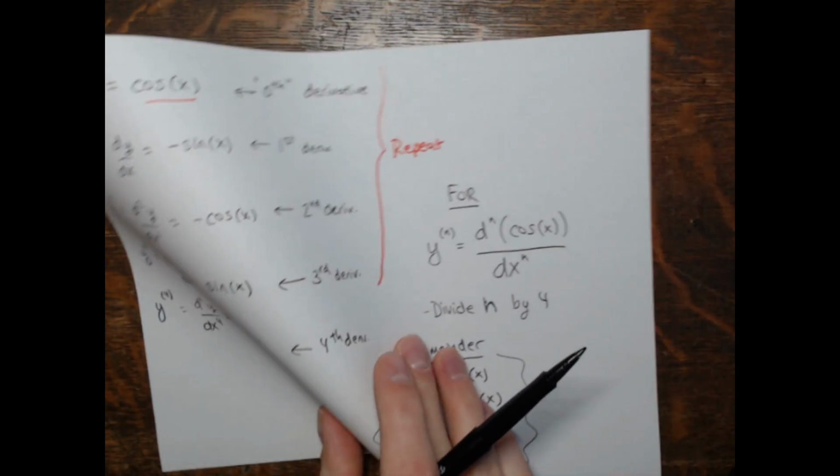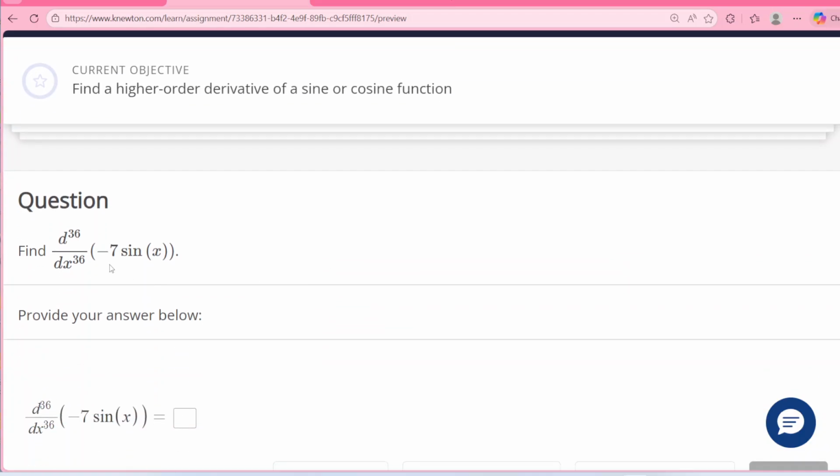So our example, the question in the assignment, we're asked for the 36th derivative of... now remember, coefficients like -7 would stick around. No matter how many derivatives I take, that -7 will stay there. That was the constant multiple rule.